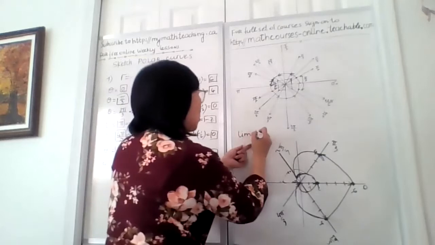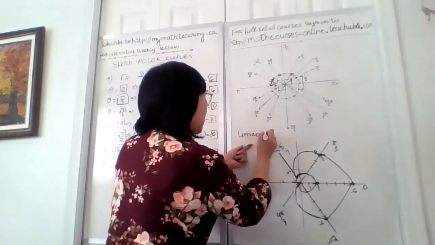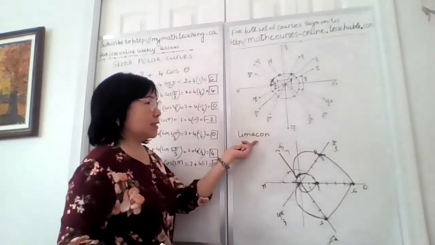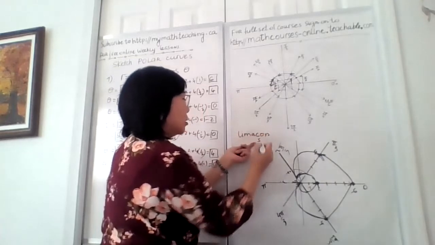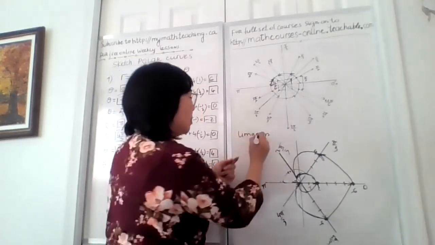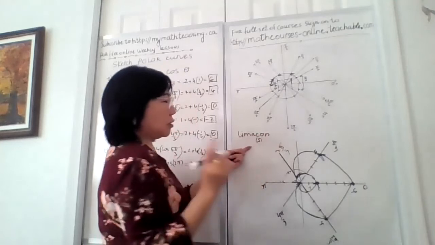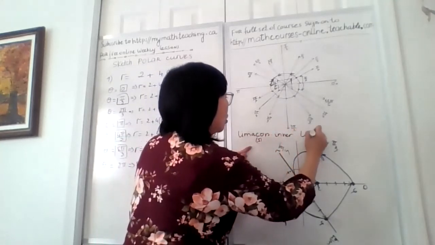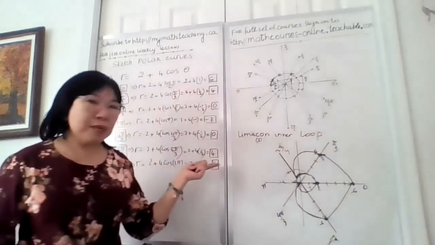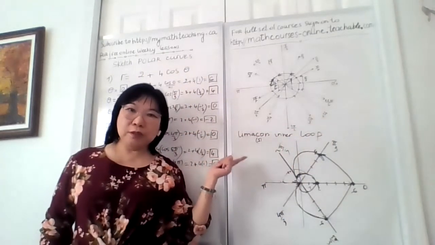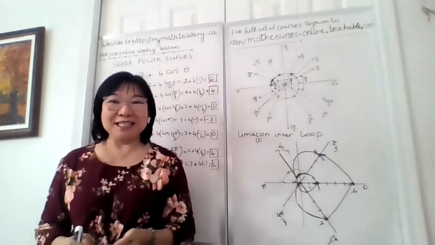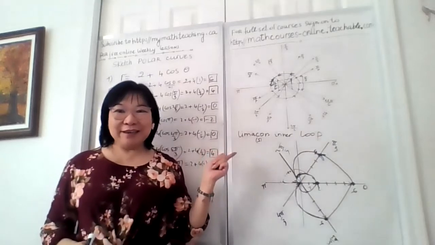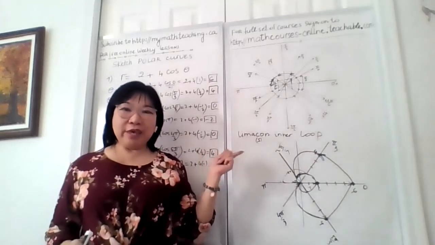Now I think that we spell it as C, but I think we pronounce it Z, S. So we call it limaçon with an inner loop. I tried to pronounce it. Limaçon with an inner loop, I think.